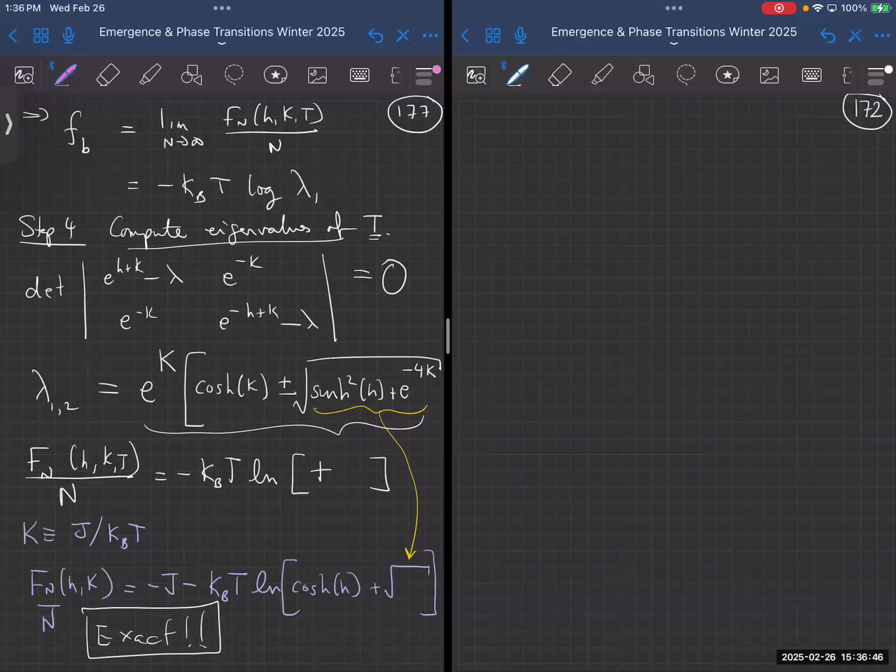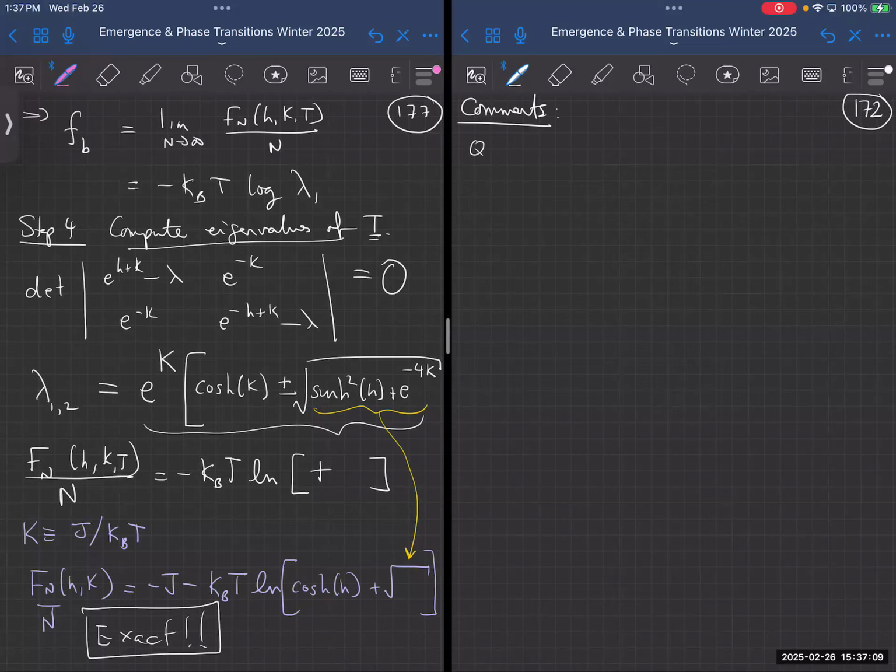Okay, now let's have a look at what this means. The first question you might say is, well, I've got this formula here, and it doesn't look much like a phase transition. So how do I get phase transitions?